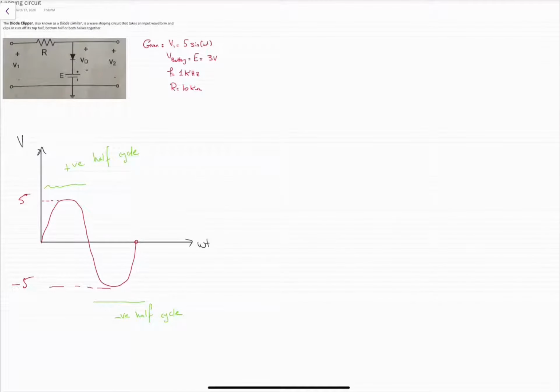I will be dividing my analysis into two parts. The first part, I will be analyzing the effect of the positive half cycle of the input voltage on the output V2.